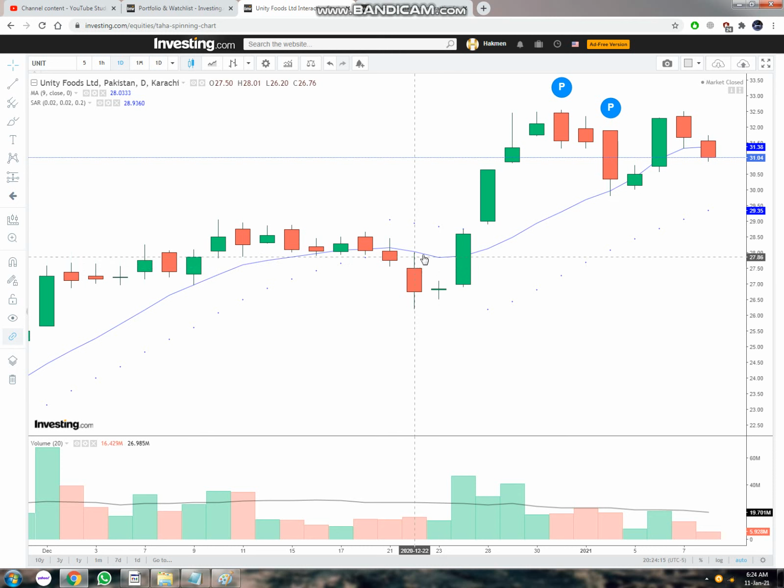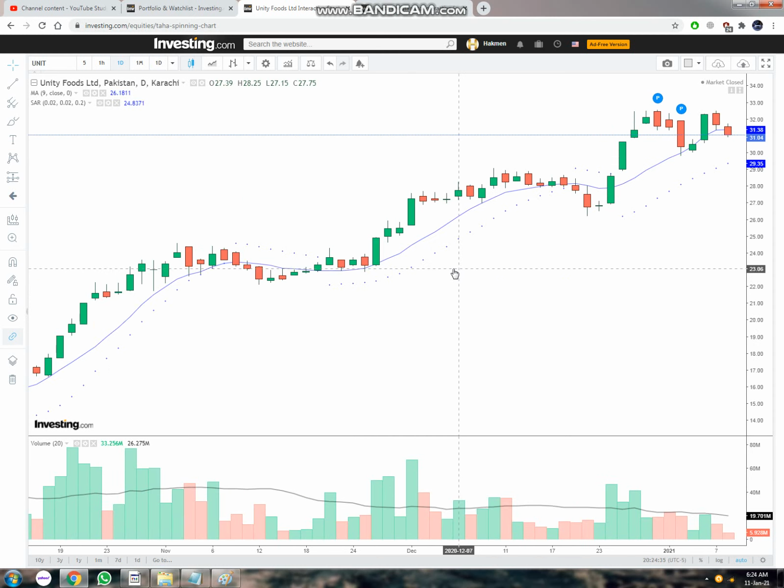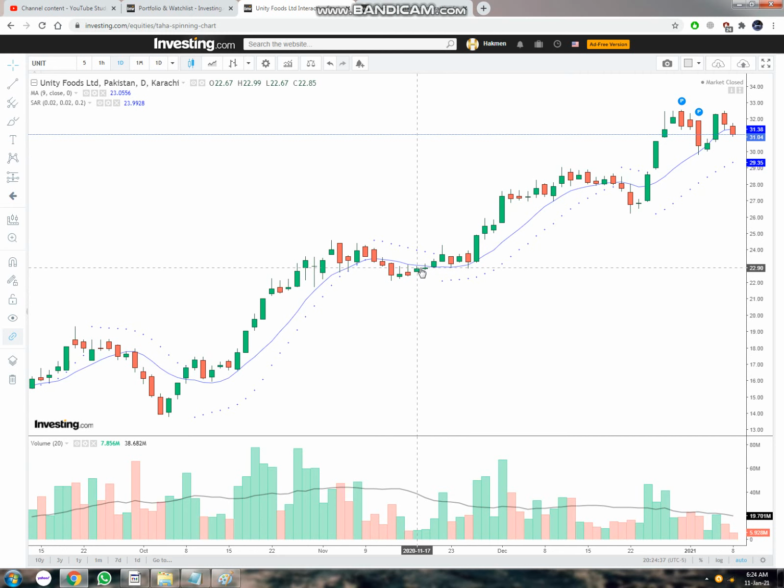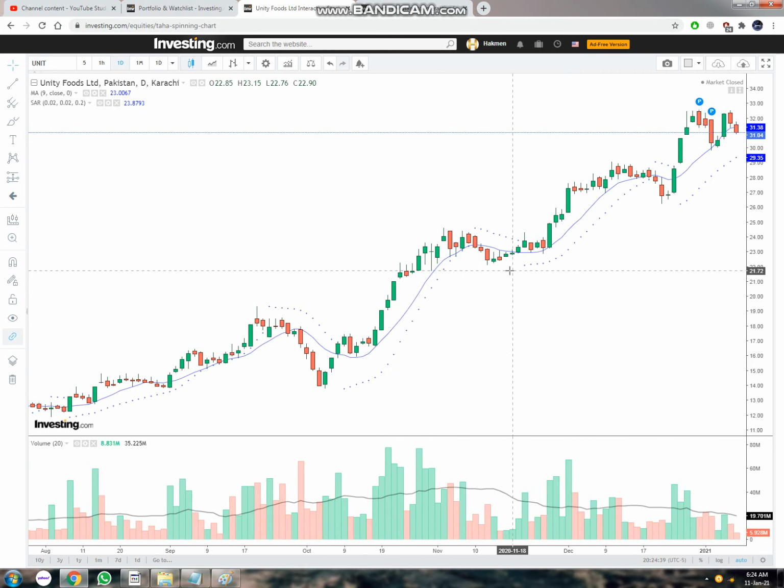So this was a buy pressure over here, but again the sellers jumped right in and pushed the market downward. But at this place, the buyers again jumped back in and slightly pushed the prices upward, as shown over here. So this is called buy pressure and sell pressure. Now you might have understood the difference between a buy pressure and sell pressure.